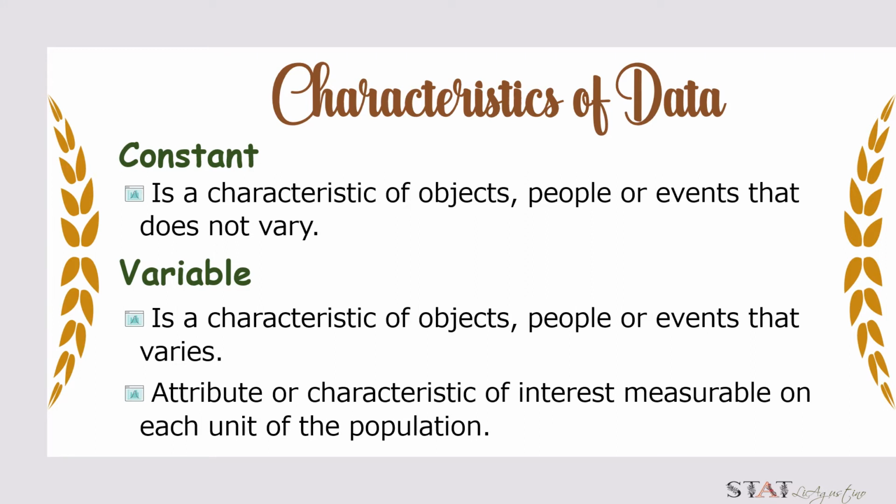So what's the difference between them? For example, 9.8 meters per second squared is the acceleration of a free-falling object, or the gravitational force. That means it's constant throughout the earth. So that means it does not vary.